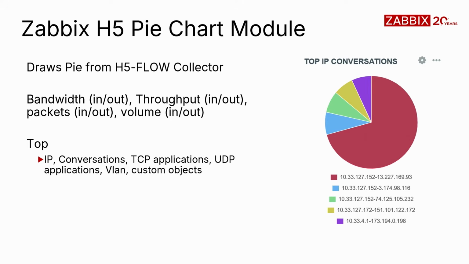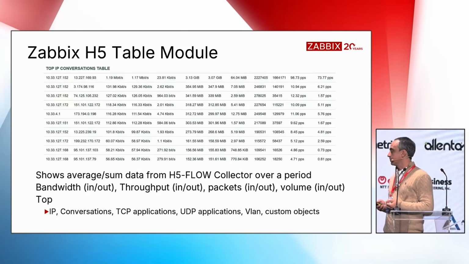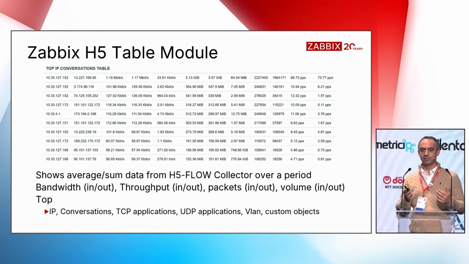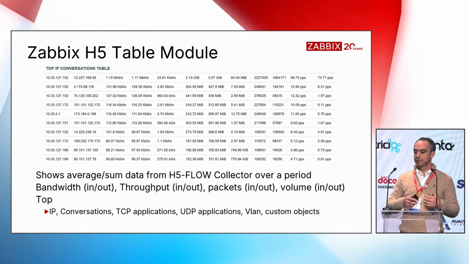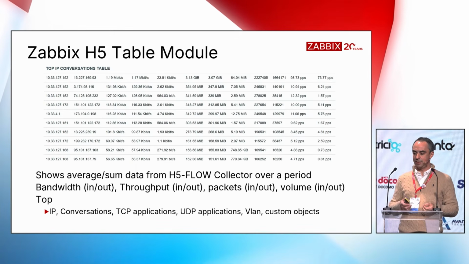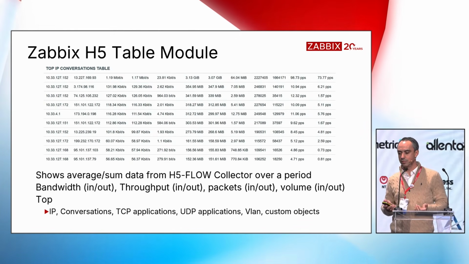When I'm talking about modules, it creates new widgets in your Zabbix. We have the same with pie charts, and we also have tables, so you can have top conversations, top IP, TCP applications, and so on.